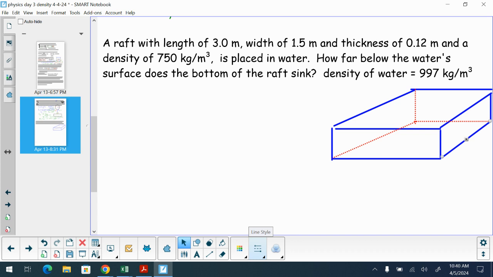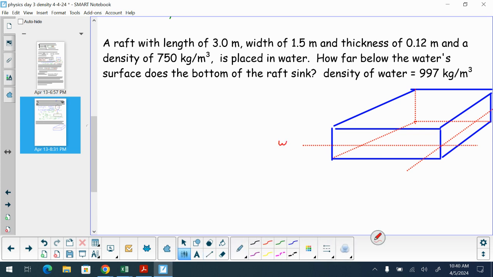And when the raft goes into water, it will partially sink into the water, a dimension of x.